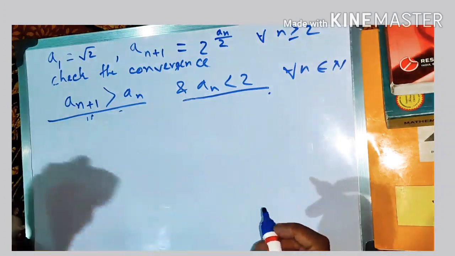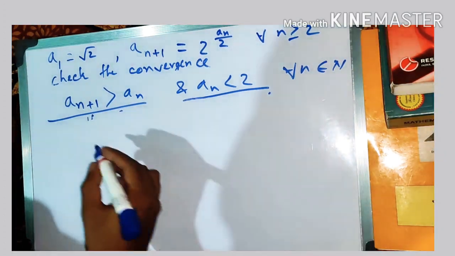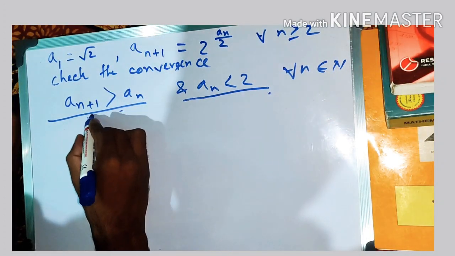If an is convergent, then the limit of an exists.